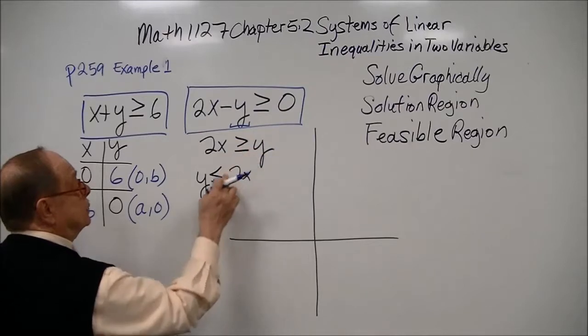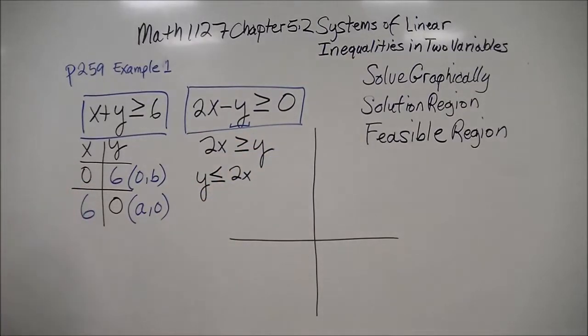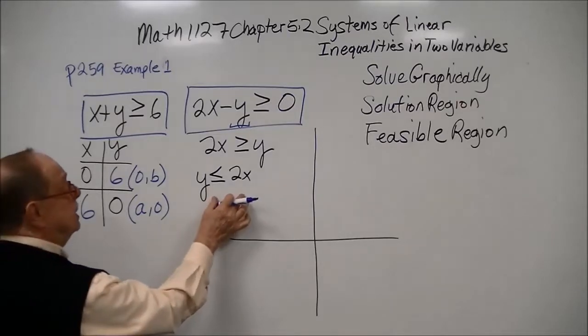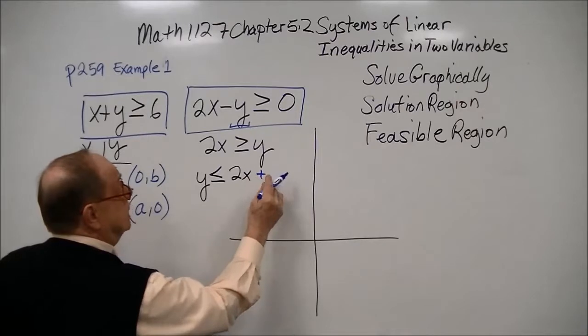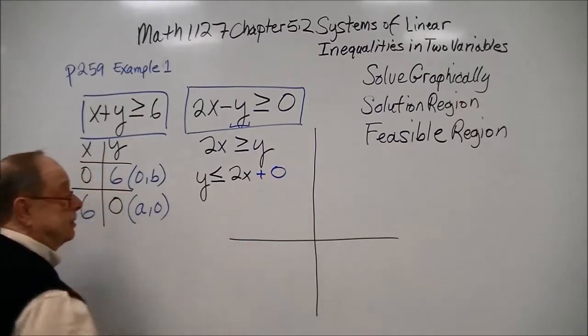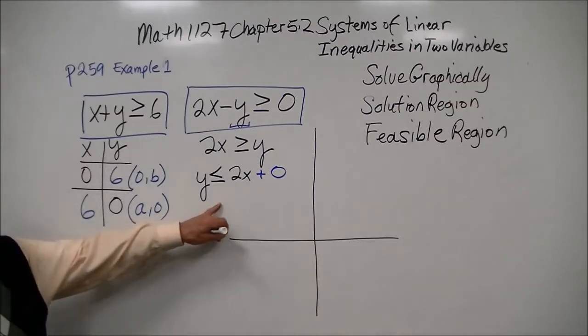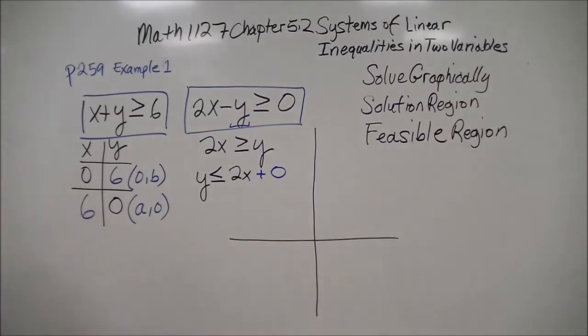Again, the point is toward the Y, and rewrote it in a more familiar way. Now this is in slope-intercept form. Now remember, because there is no B value, B is 0. So this indicates that this line is going to go through the origin as its X and Y intercept. So now let's graph it.